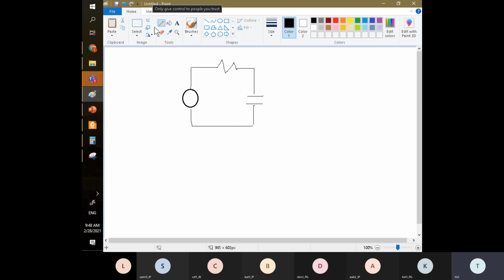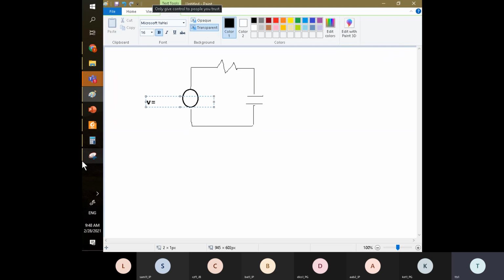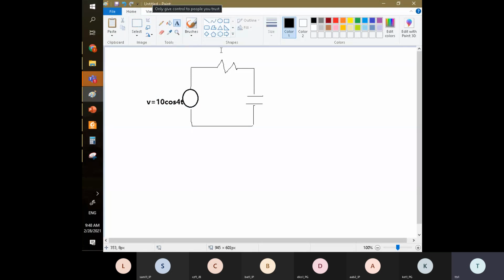Here V equals, I give you this mathematical form, cosine 4t. R is 5 ohm. The C is 0.1 farad.